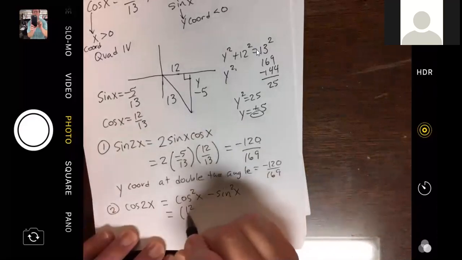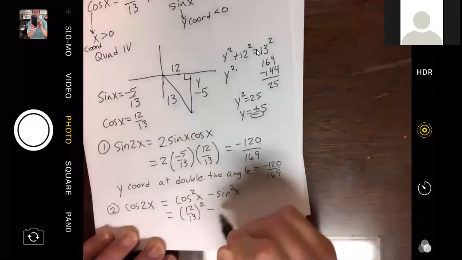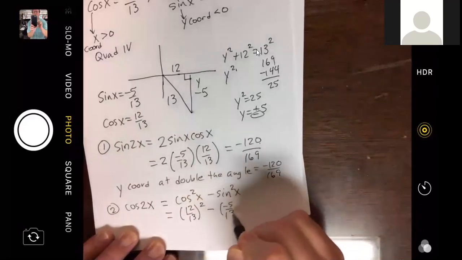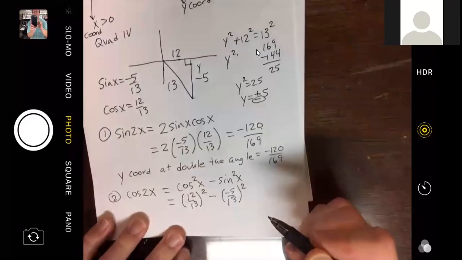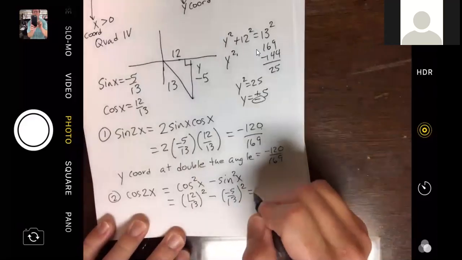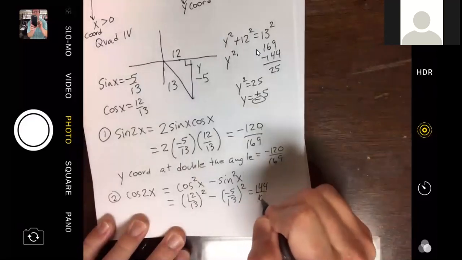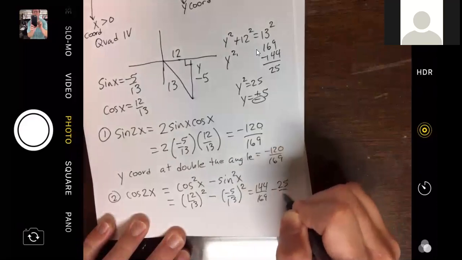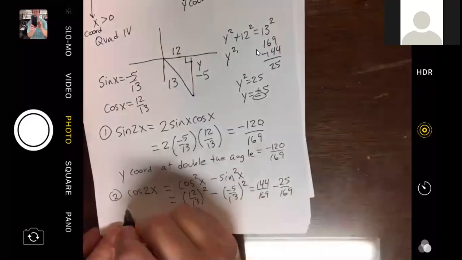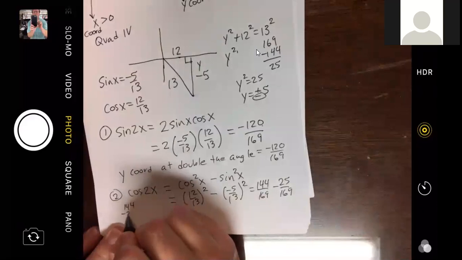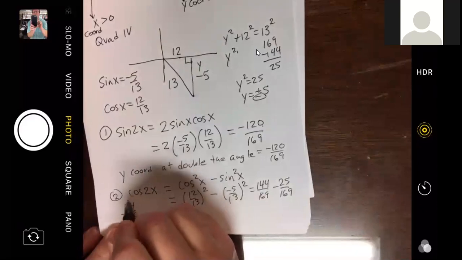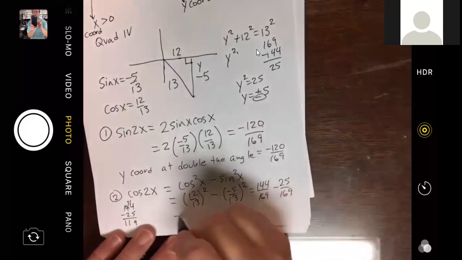We have 12 over 13 squared, subtract -5 over 13 squared. 144 over 169, subtract 25 over 169. Minus 25, I think it's 119 over 169.